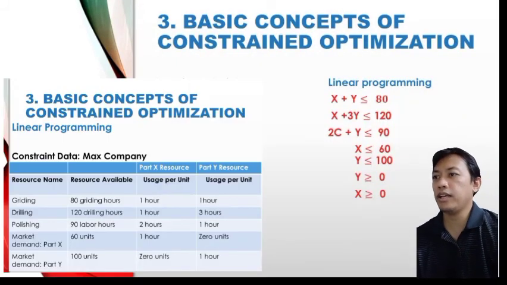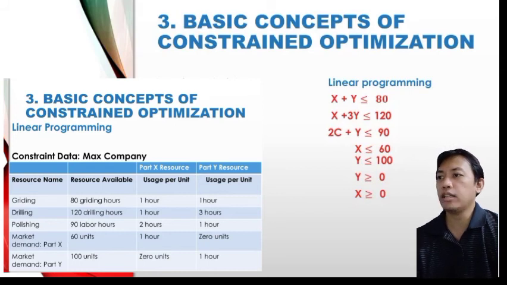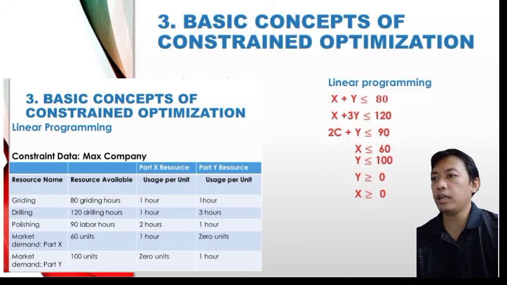So here is the linear programming. As you can see here, X plus Y is less than or equal to 80. That is, as you can see in the constraint data, part X is 1 hour and part Y is also 1 hour. And next is X plus 3Y is less than or equal to 120.